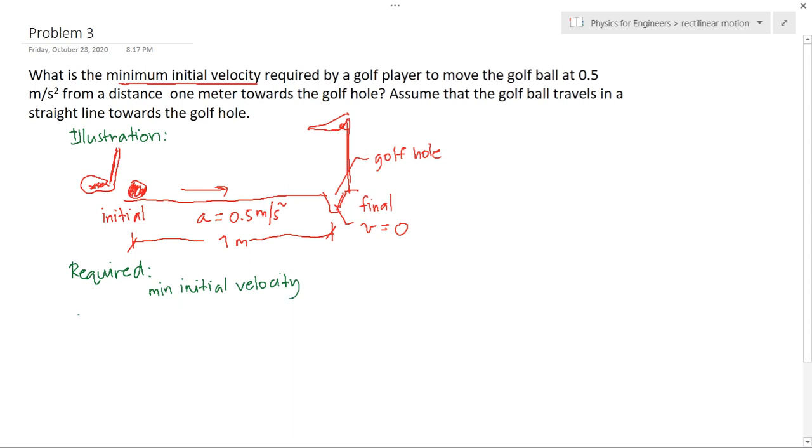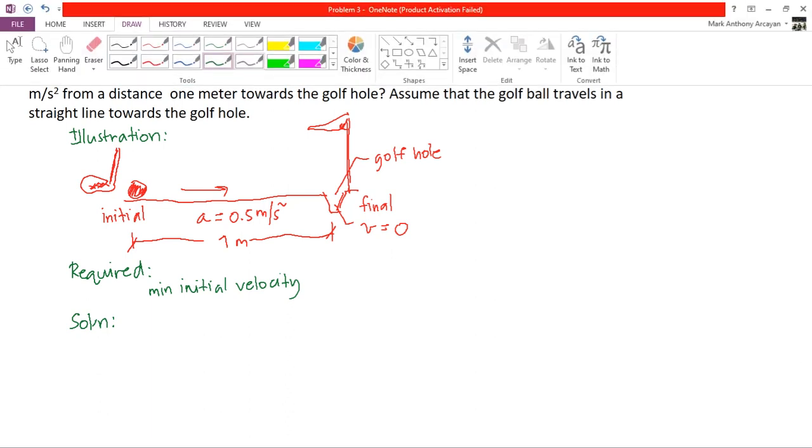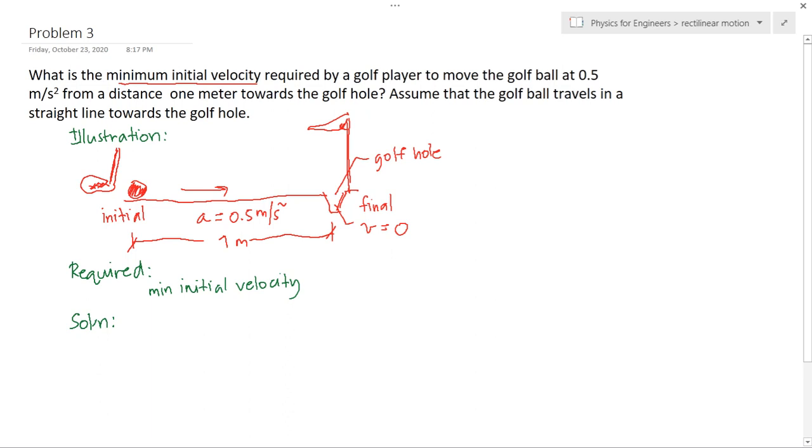Then we have the solution. So let's solve. Here we have displacement 1 meter. So we have delta x equals 1 meter.